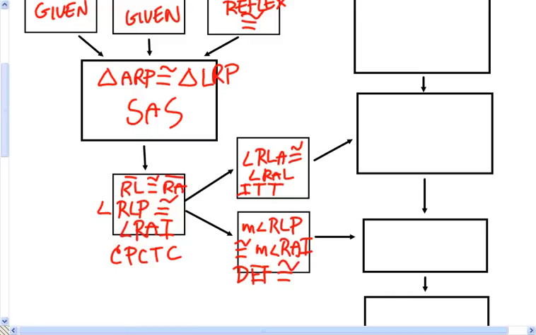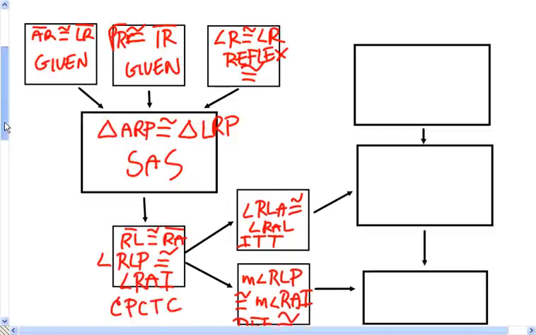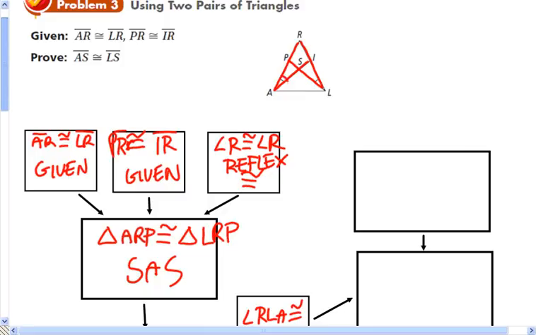All right, and we're going to put some angles together now so that I can show. I'm going to subtract those two congruent angles from there to establish that this angle is congruent to that angle. And I'll put the steps in there.